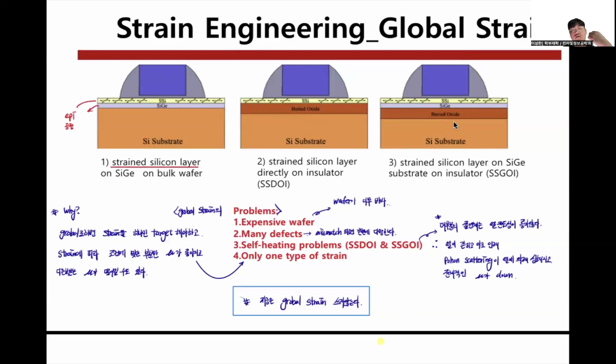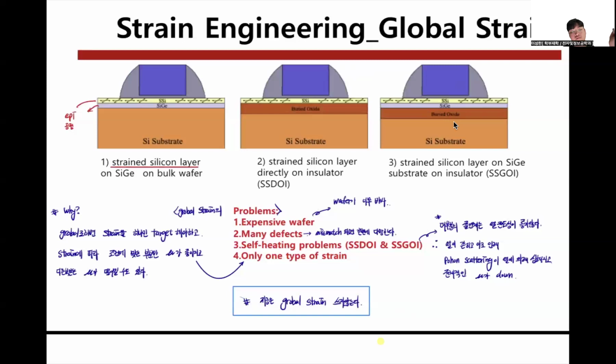This has a lot of problems. The wafer is expensive, and if there is a little problem, the whole wafer becomes trash. With many defects, if we apply strain engineering and there is a little mismatch, the whole wafer is gone.